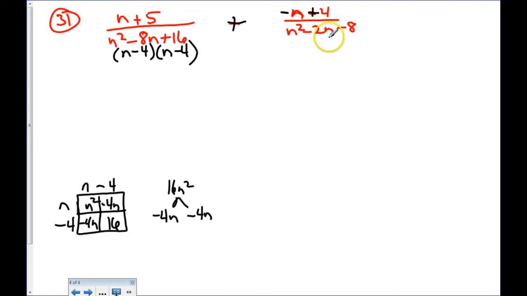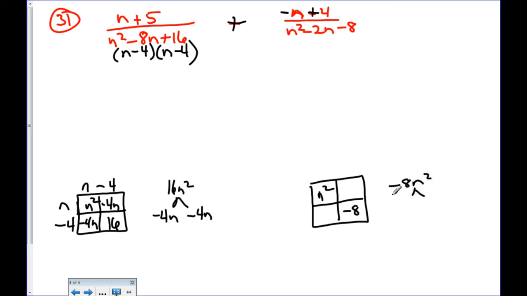I'm going to do the same thing with the denominator here. I have an n squared here and negative 8 here. Multiply those two together, I have negative 8n squared. So what are my factors of negative 8n squared that add up to be negative 2n?